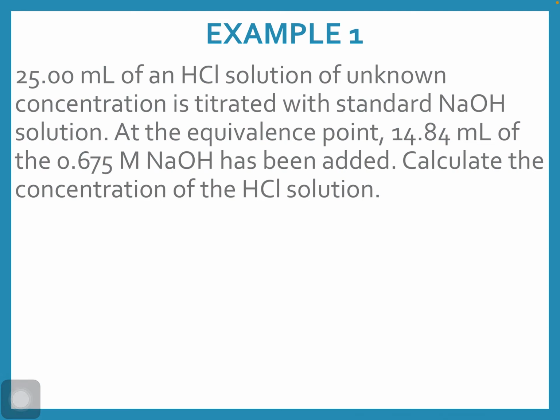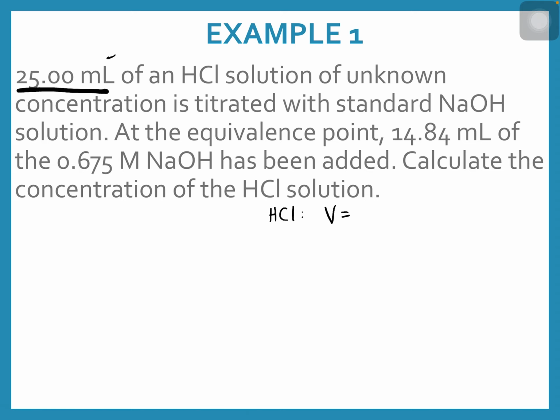So let's go through an example so that makes a bit more sense. So I have here hydrochloric acid of an unknown concentration. So that's my analyte, so I know my volume for hydrochloric acid. So hydrochloric acid volume equals 25 mils.